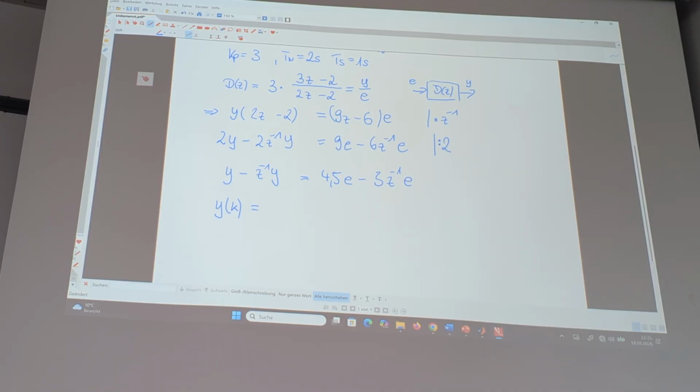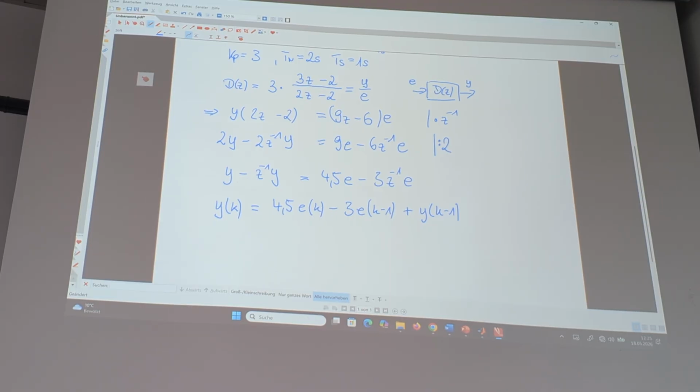And that means the new value of y at the time k times sample time Ts is equal to 4.5 times the new error e of k, minus the old error, 3 times e of k minus 1, plus the old output, which you have to store in the memory, so plus y of k minus 1.